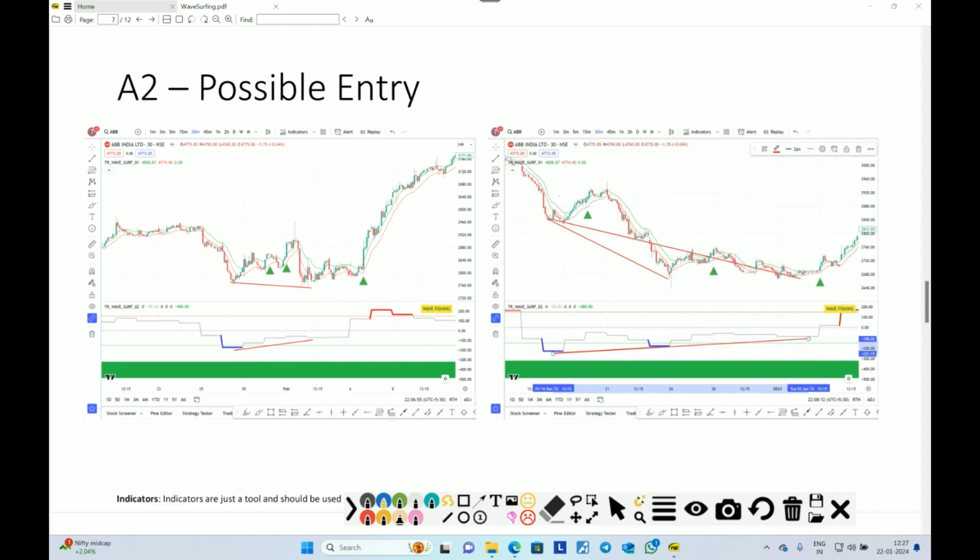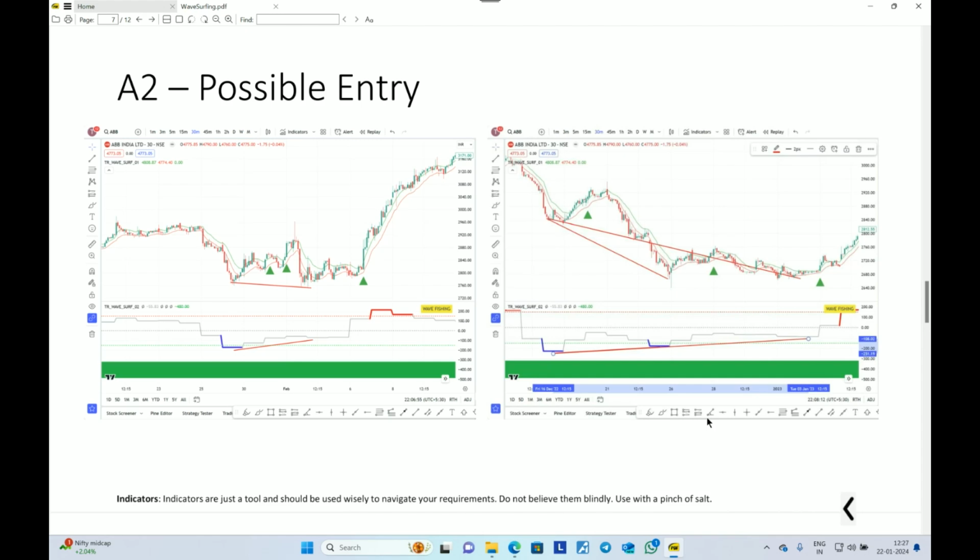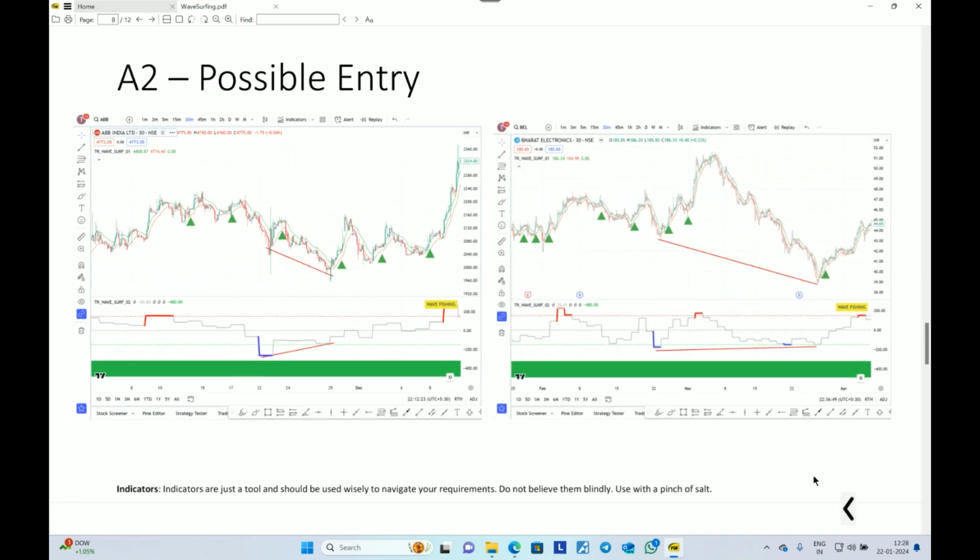There is a possibility that it's not just one A2, so it could be multiple stretches also. The risk versus reward is typically 1:2 to 1:3. Pretty high when compared to other entry mechanisms.